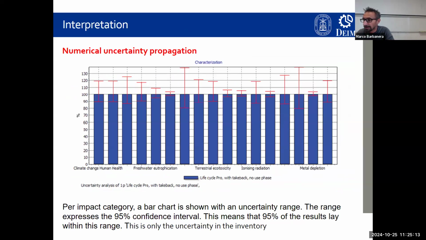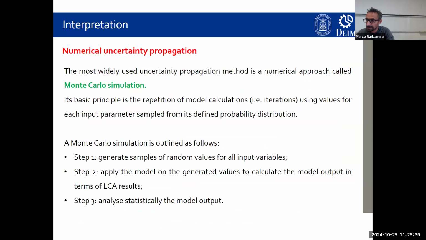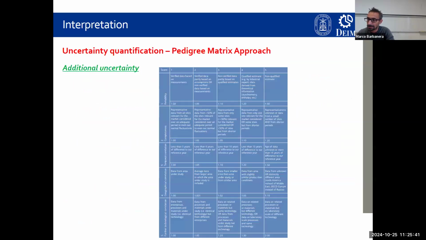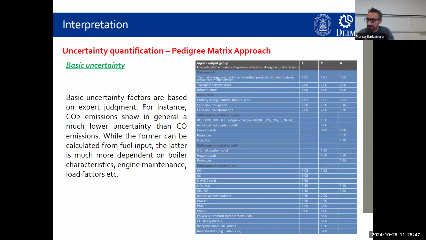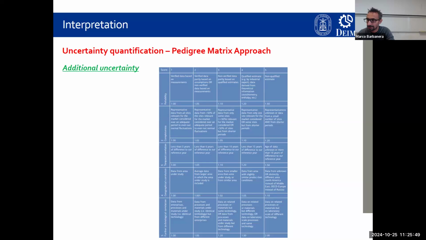The only point to carry out the uncertainty analysis is the calculation of the squared standard deviation by using the pedigree matrix approach. The application of this approach requires a long time because it's not very easy, but it's not very complex, because you only have to select the standard deviation from these tables for each data.